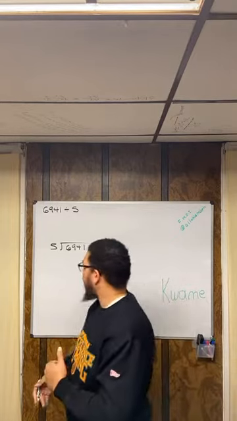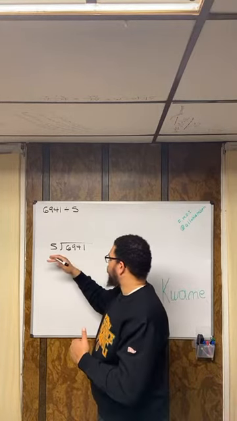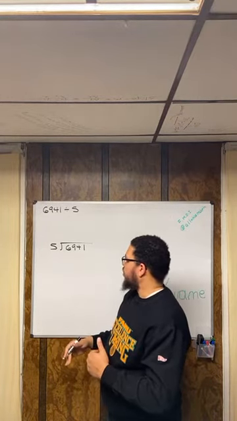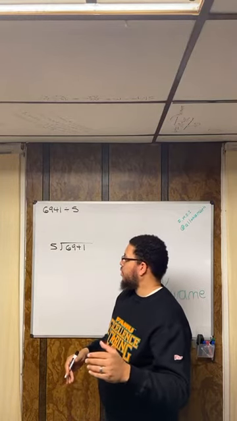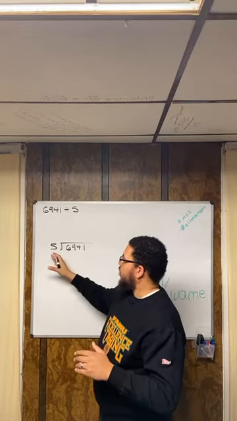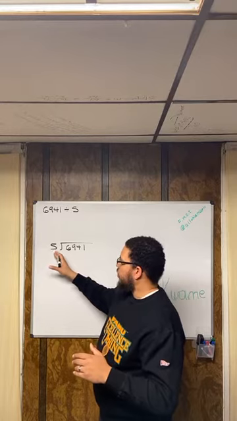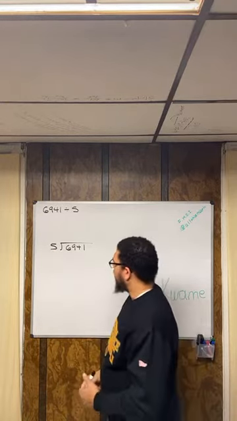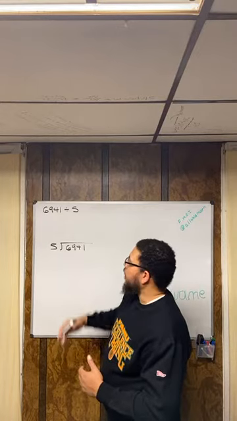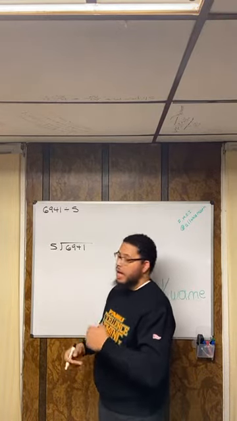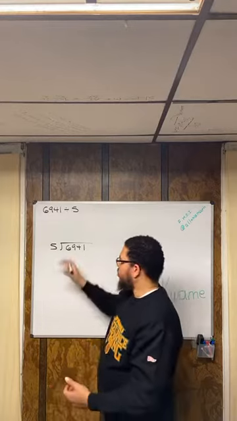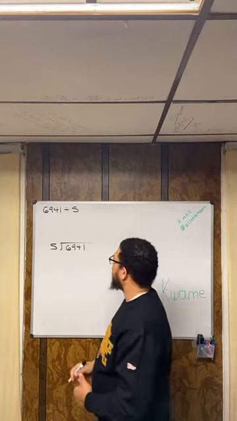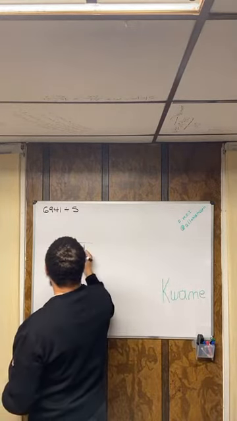So 1,200 times 5 is going to be 6,000. The question is, how many hundred times goes into 6,000? And it's going to be 1,200.